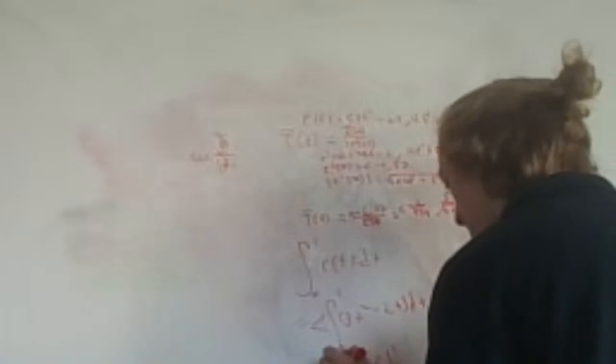From 0 to 1. And then the integral of 4t cubed is t to the 4th. The integral of 5t is 5 halves t squared. And then we're going to have this from 0 to 1.